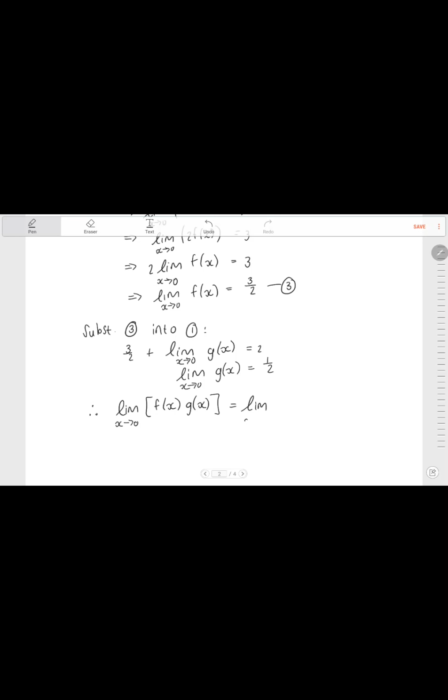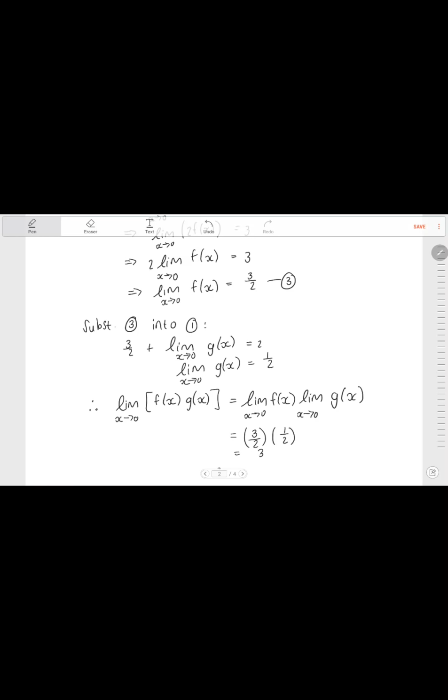So it's the limit as x approaches 0 of f of x multiplied by the limit as x approaches 0 of g of x, which is then going to be 3 over 2 multiplied by a half, which is going to give us 3 over 4.